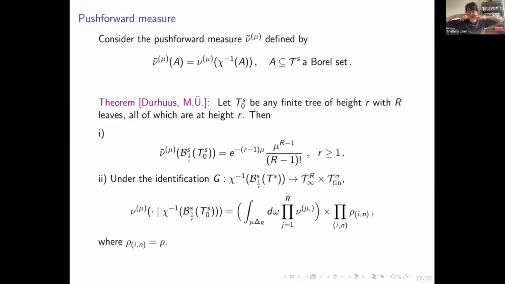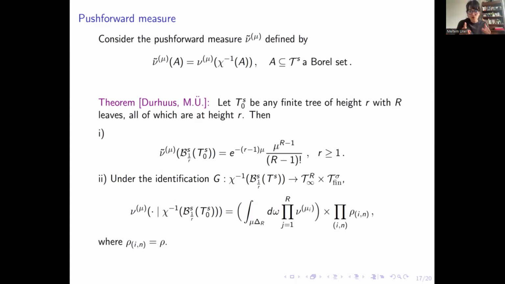So if I take, let's say, a Kesten tree, an infinite tree with just one infinite path, one spine, with finite trees grafted on this spine, and I apply this map chi, the spine map that deletes all the finite type vertices, I just end up with one infinite path. This is because the Kesten trees are the trees that have one infinite path with some finite trees grafted on the vertices of this infinite spine.